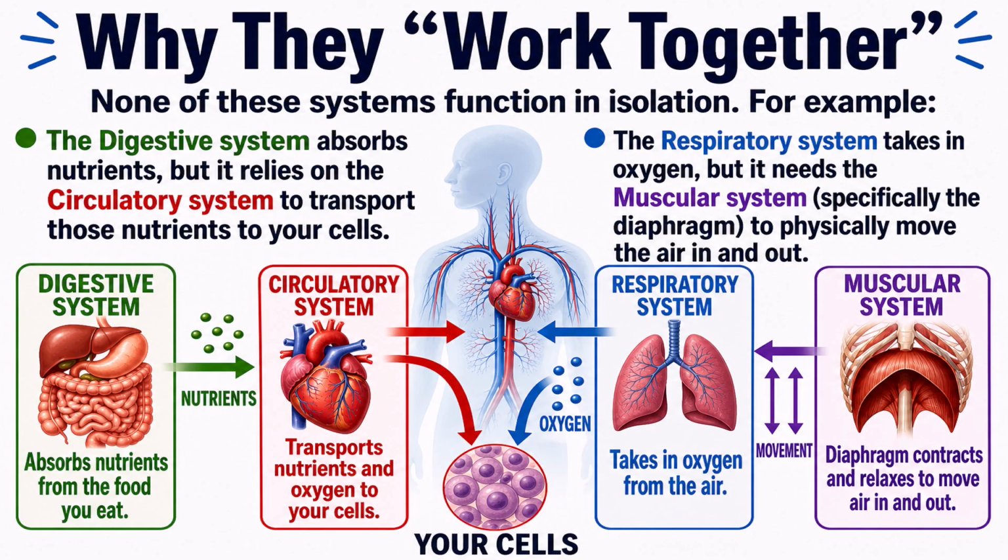For example, the digestive system absorbs nutrients, but it relies on the circulatory system to transport those nutrients to your cells. The respiratory system takes in oxygen, but it needs the muscular system, specifically the diaphragm, to physically move the air in and out.